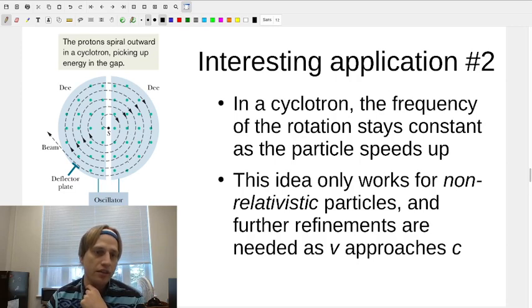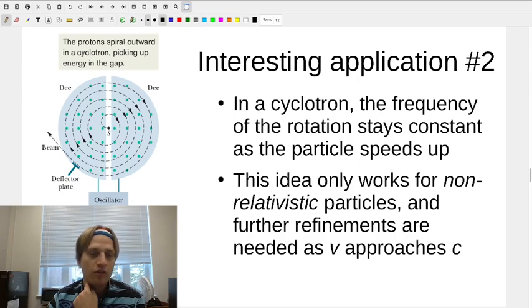So the reason that it's spiraling outward is that it's getting faster and faster. But the remarkable thing is that you can tune this, and the frequency with which the object is going around is not changing.